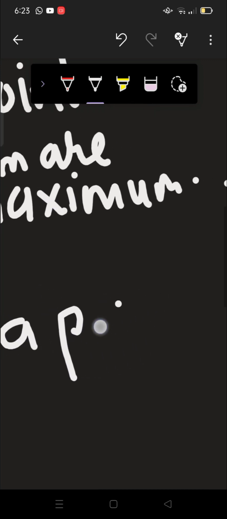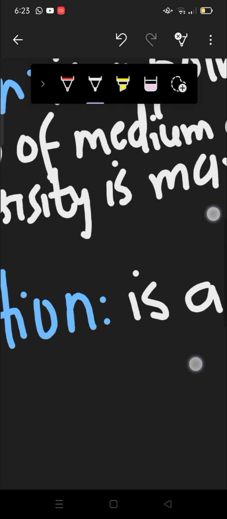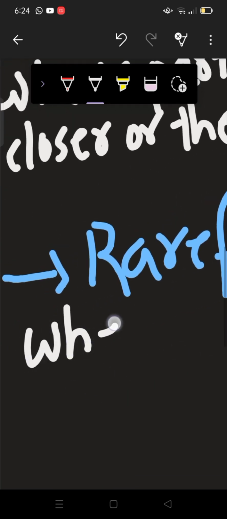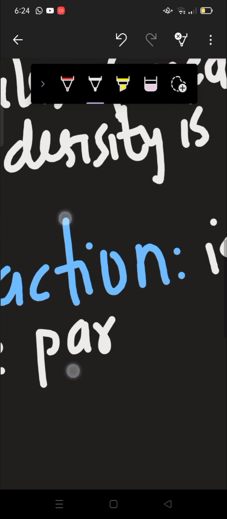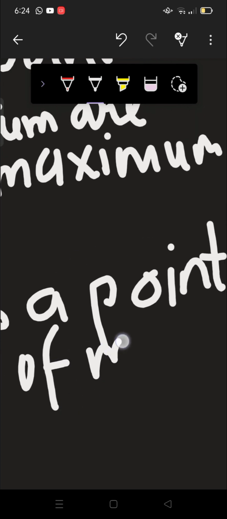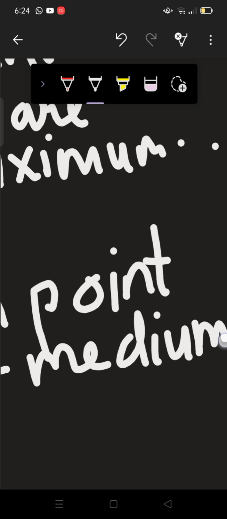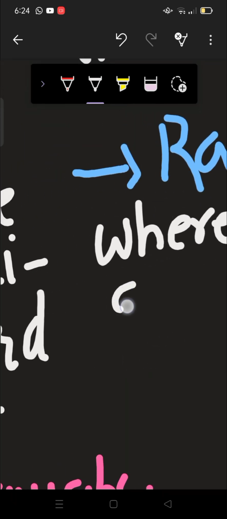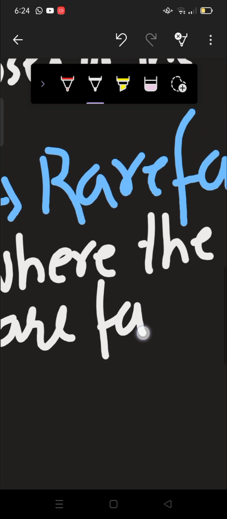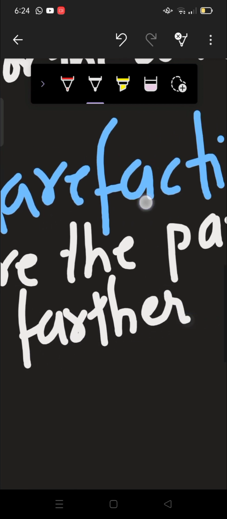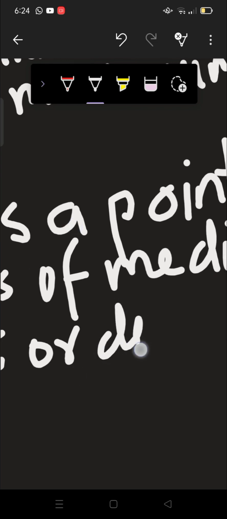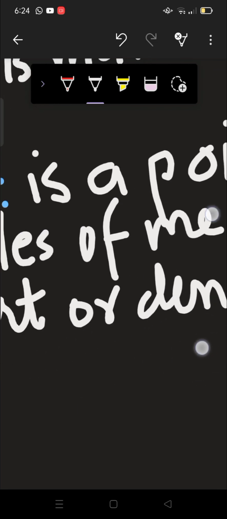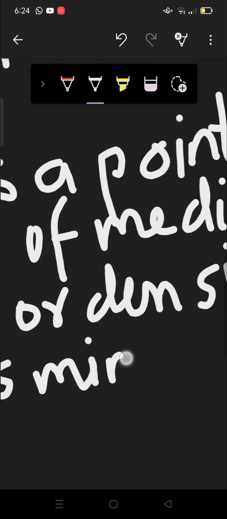It is a point where the particles of the medium are farther apart or density is minimum. Density is minimum.